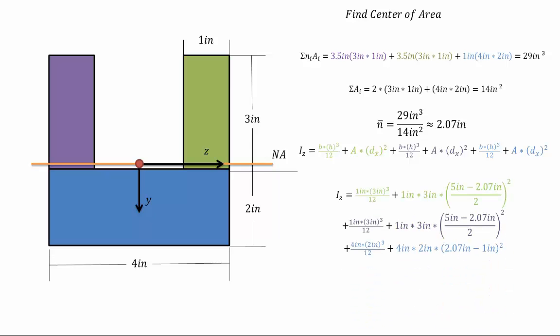Now if you input all of the information, their widths, heights, and distances from the x-axis, or in this case the z-axis, you will find that the total moment of inertia is about equal to 29.2 inches to the fourth. Alright, so we're going to start with cut A method 1.